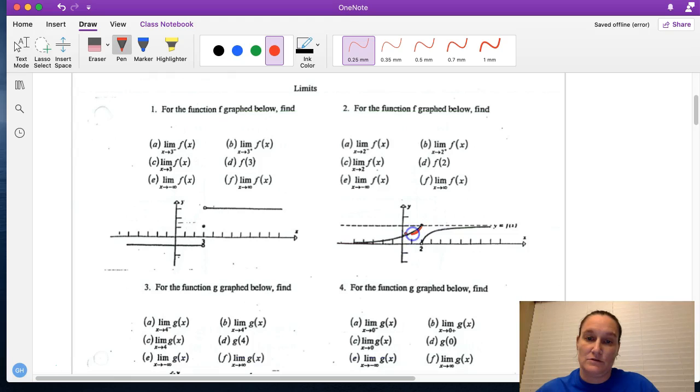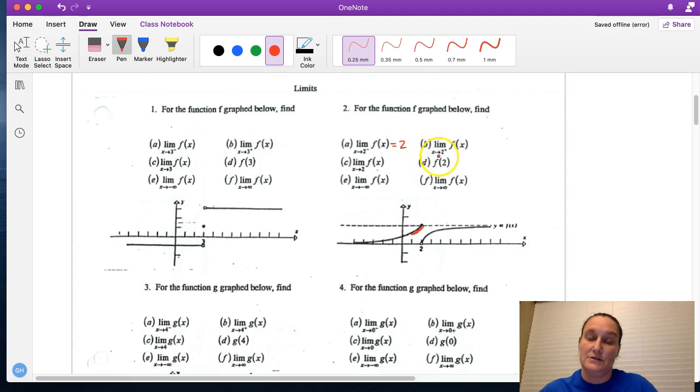So our y values are going from probably about 1 and going up, up, up, up, up, and they stop at 2. Okay, so as our x values get closer and closer to 2 on the left-hand side, what are our y values doing? That's what you want to ask yourself when you're looking at a graph. If we were to make a table, we'd do 1.9, 1.99, 1.999, and we get these y values, and those y values would be getting closer and closer to 2. So this one is equal to 2.